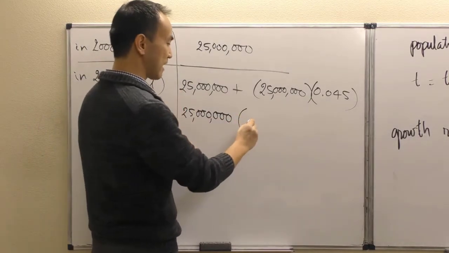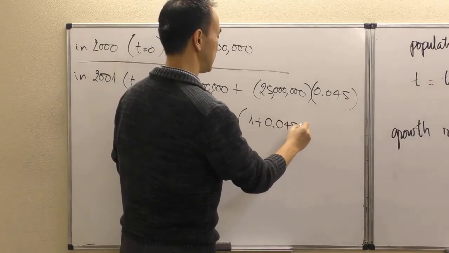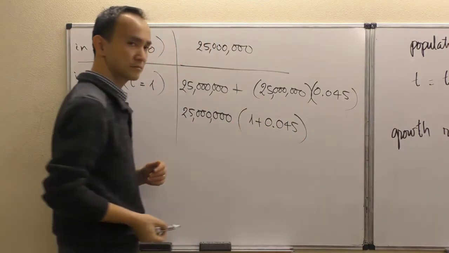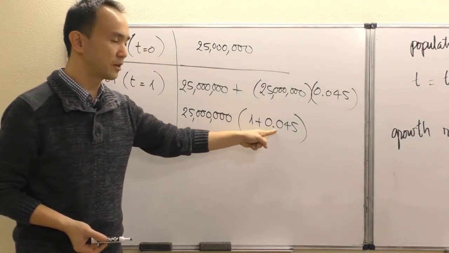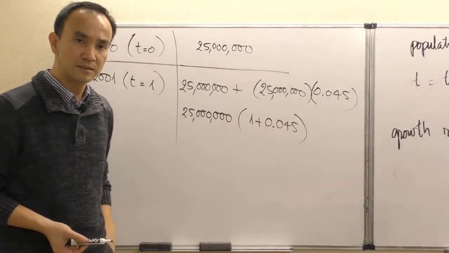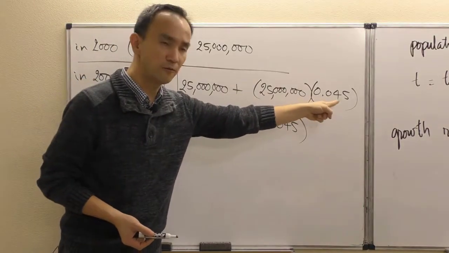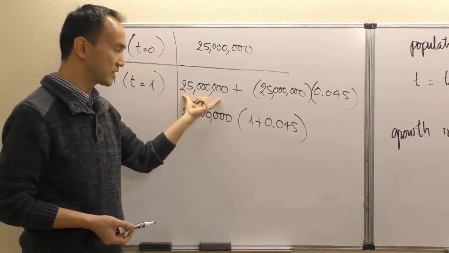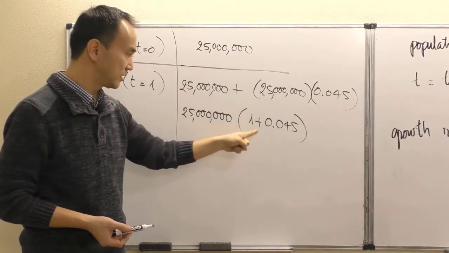After factoring it out, we're looking at 1 plus 0.045. Because this is 25 millions times 0.045 here, and then this means 1 times 25 millions.